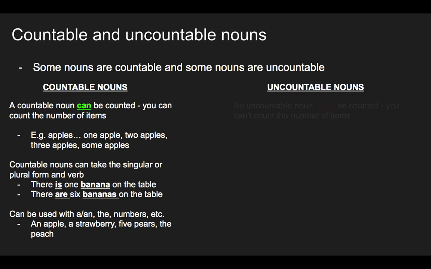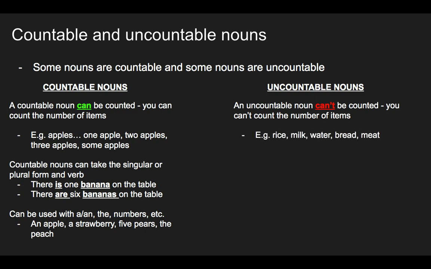Uncountable nouns, obviously, are ones that can't be counted. So you can't count the number of items. For example, rice, milk, water, bread, meat. Because when we talk about these things, we talk about them in general, yeah.